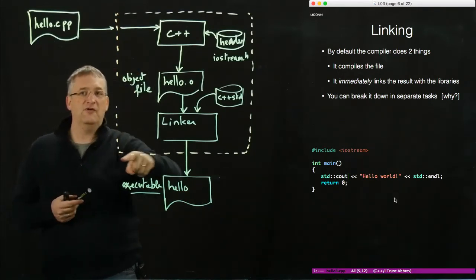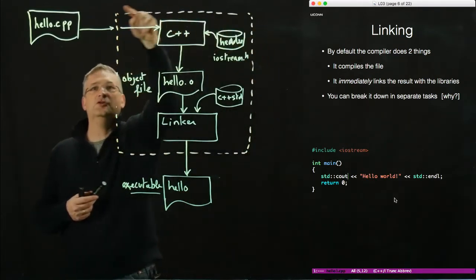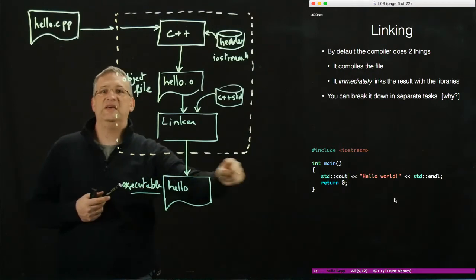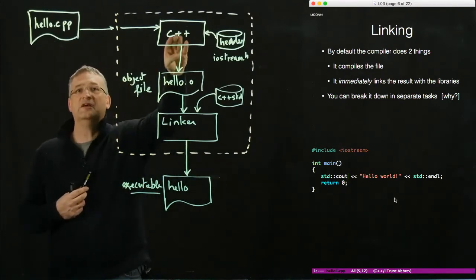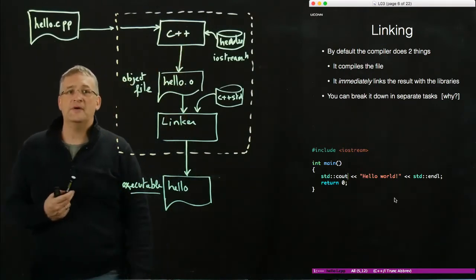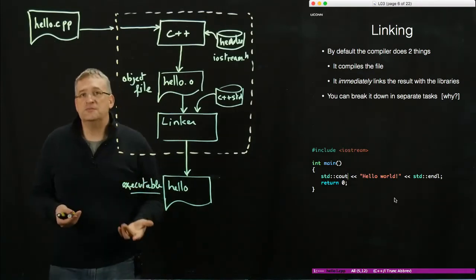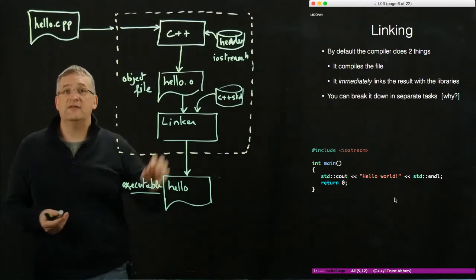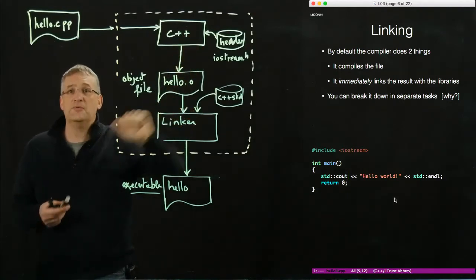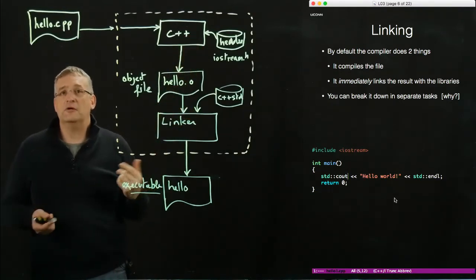Now, when you invoke C++, what you think you're doing is invoking this big dashed box, and it automatically invokes for you these two programs in one fell swoop. Now, there are lots of circumstances where you'd rather not do that, and you'd rather invoke the tools separately. You want to have incremental compilation.